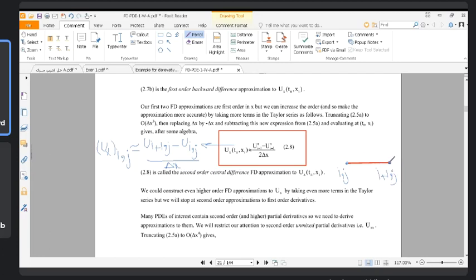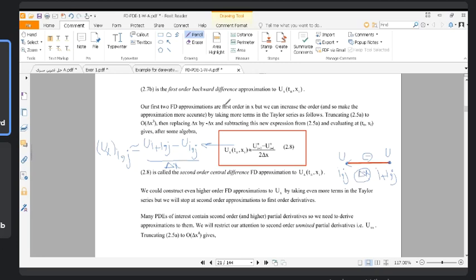And we use U at this point minus U at the before point over delta X. This is a diagram for this formulation. U i plus 1 j minus U ij over delta X. We use this formula for U with respect to X at Xi and Tj.